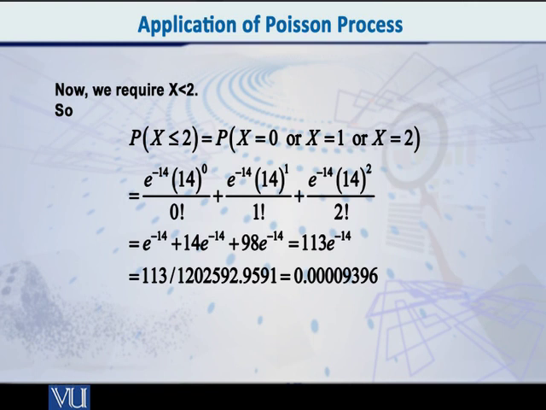So ये आ गया 14 e raised to minus 14, और उससे अगले वाला इसी तरह आप खुद सॉल्व कर लीजिए, and that comes out to be 98 into e raised to minus 14. अब इन तीनों को ऐड करें तो what is the final version? Well, we get 113 into e raised to minus 14.